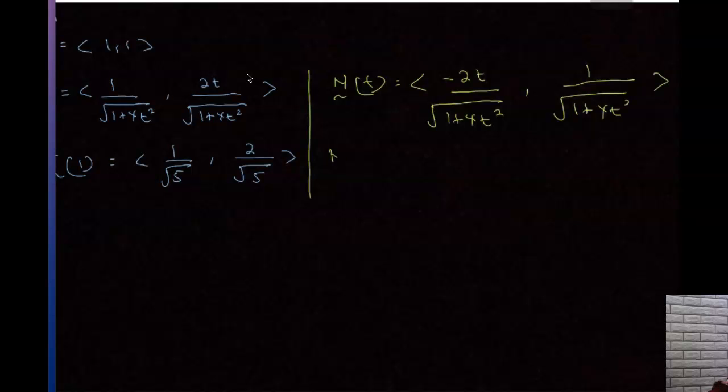And then at t equal to 1, we obtain (minus 2 over square root 5, 1 over square root 5).